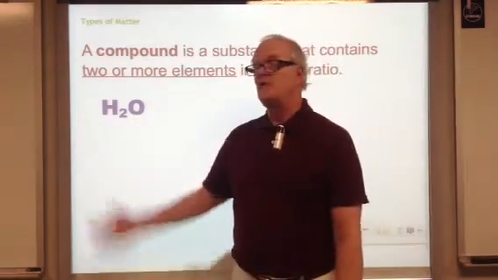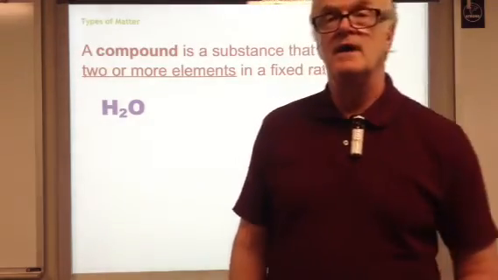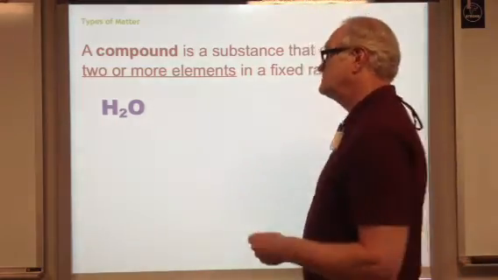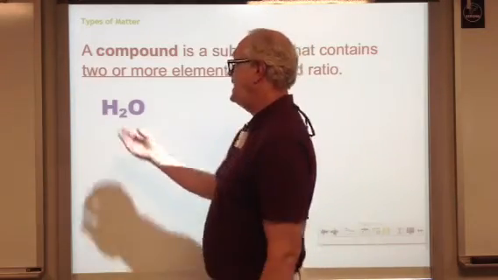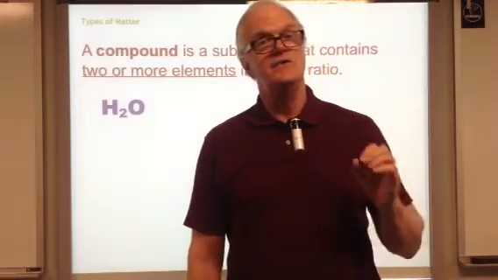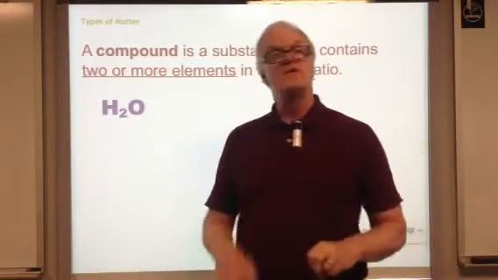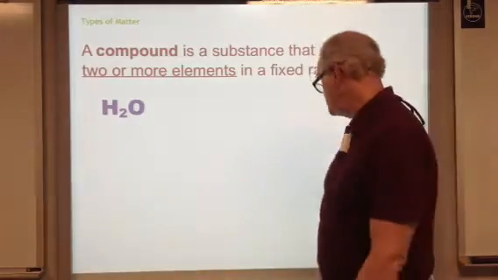Here's a chemical formula that most of us are familiar with. H2O is the formula for water. And all water has hydrogen and oxygen in it, combined in a ratio of 2 atoms of hydrogen, that's what the 2 means, for every 1 atom of oxygen.